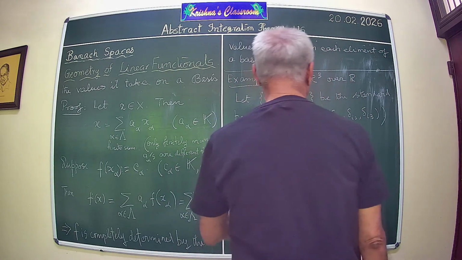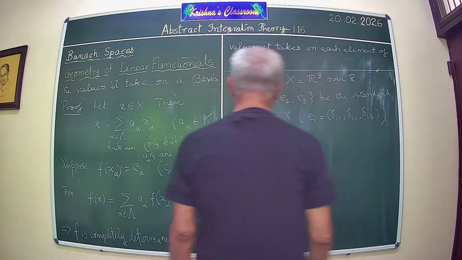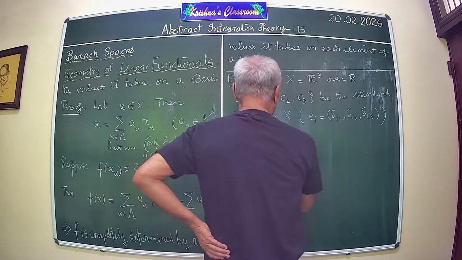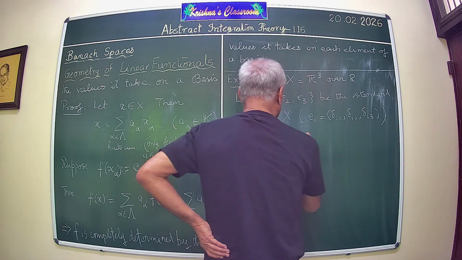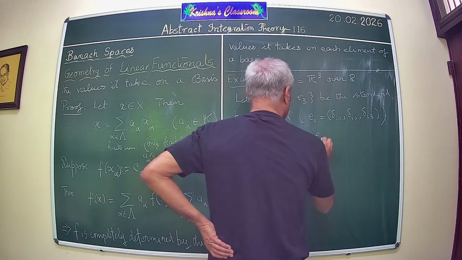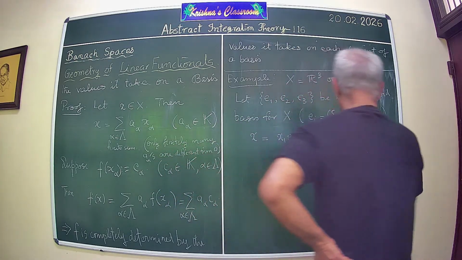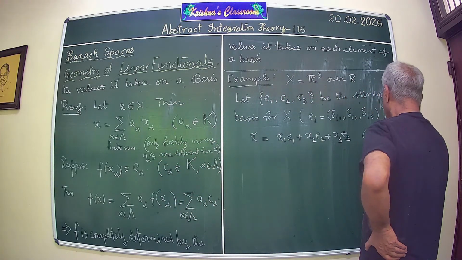Then x is equal to x1 e1 plus x2 e2 plus x3 e3, which is the unique representation, where the xi belong to the field.